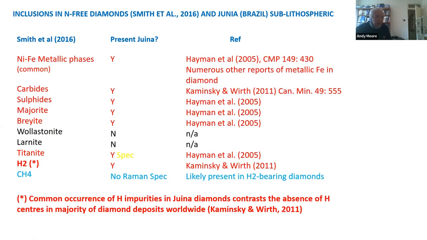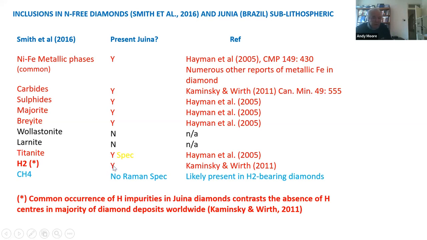Then on the left-hand column is a list of the phases reported in the study, and a majority of these phases are present in alluvial diamonds at Juina, which contain a high proportion of sublithospheric stones. And the Juina alluvial deposit, in Brazil, is notable for having hydrogen as an impurity.